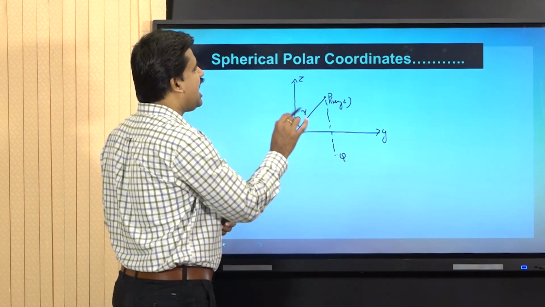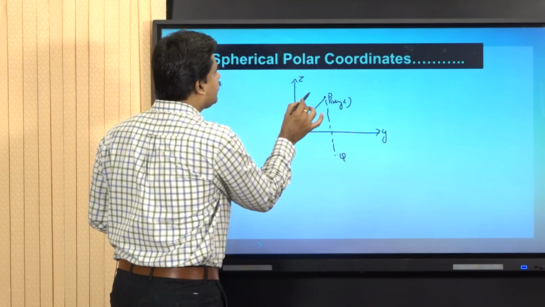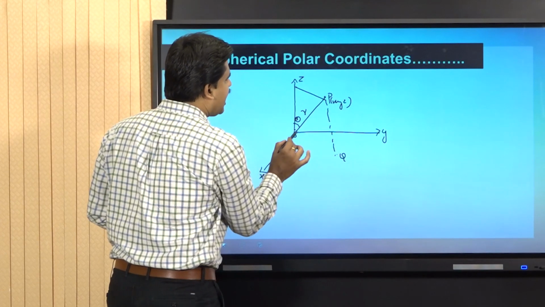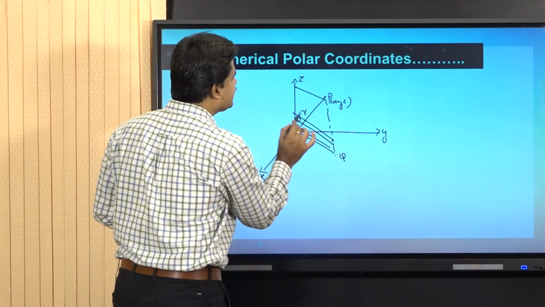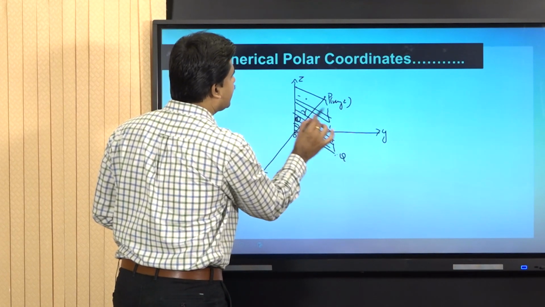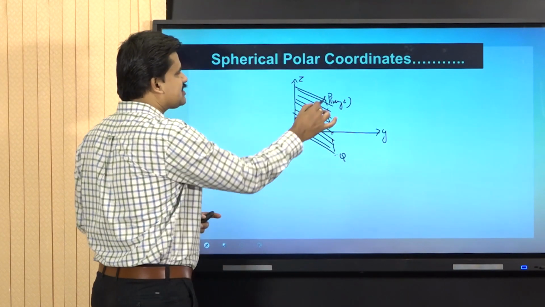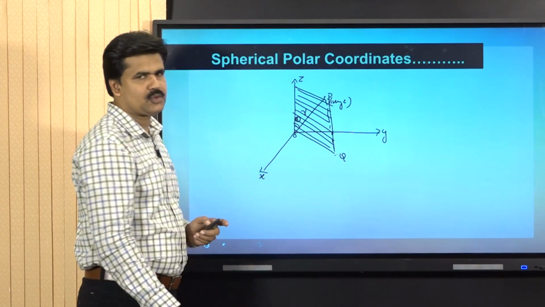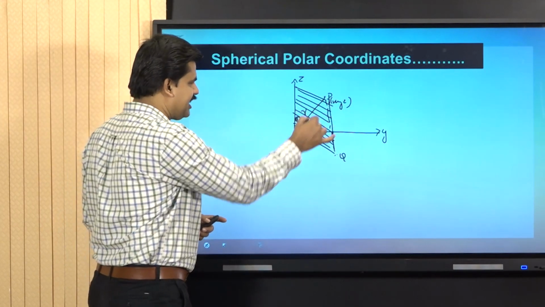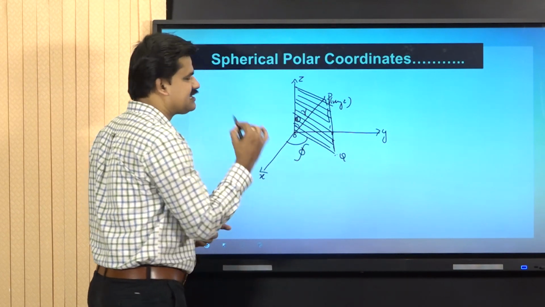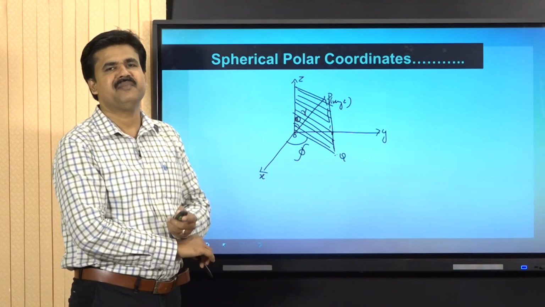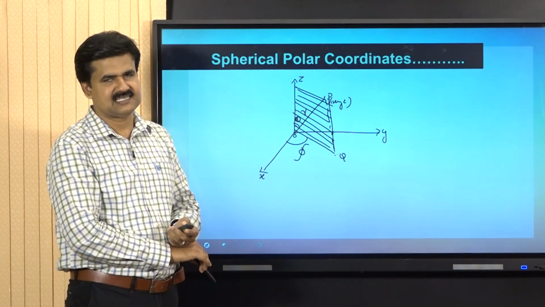Now we can assume a plane containing the z-axis and the line PQ. This is an imaginary plane that contains the z-axis and the line PQ. That plane makes an angle phi with the x-axis.